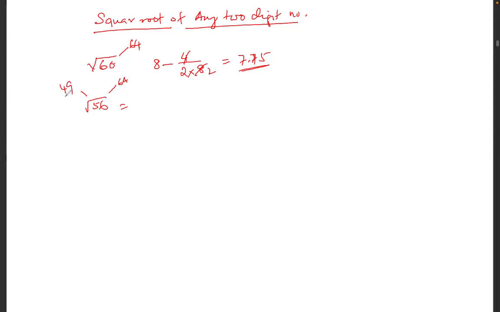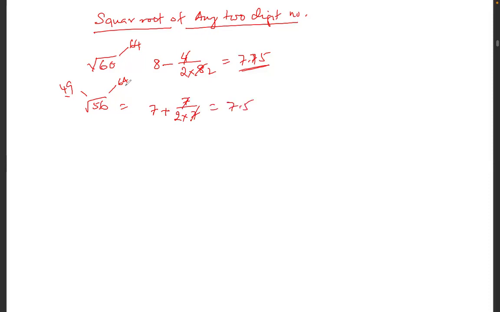So let's say if you use 49, your answer will not change in either case. 49, so square root of 49 is 7. Okay, plus, because square root of 56 is going to be more than 7, right? So look at the difference. Difference is how much? 7. Okay, divided by twice of square root, that is 7. So this how much? 7.5.